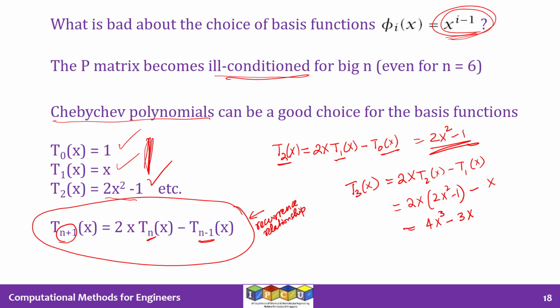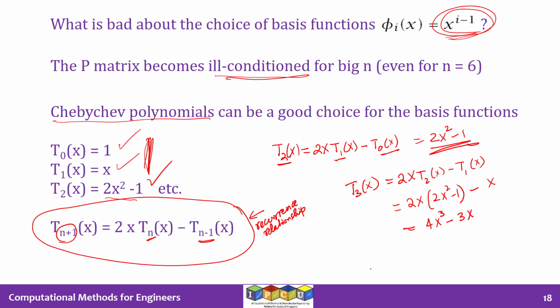So instead of using x to the power of 0, x to the power of 1, x to the power of 2, etc. as your basis functions, you can use 1, x, 2x squared minus 1, 4x cubed minus 3x, etc. as basis functions. And these are known to provide well-conditioned regression problems so that you can estimate the parameters a_i appropriately.